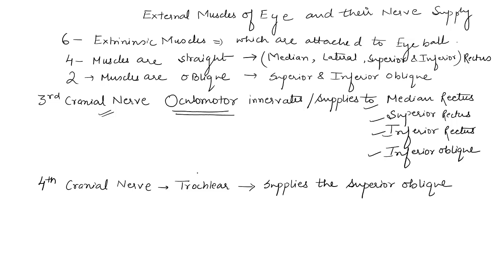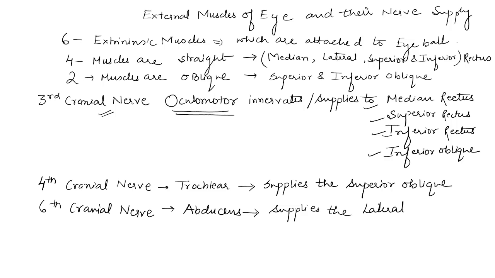The sixth cranial nerve, abducens, supplies the lateral rectus. So the third cranial nerve supplies the medial rectus, superior rectus, inferior rectus and inferior oblique, the fourth supplies the superior oblique, and the sixth, abducens, supplies the lateral rectus muscle. Understood?